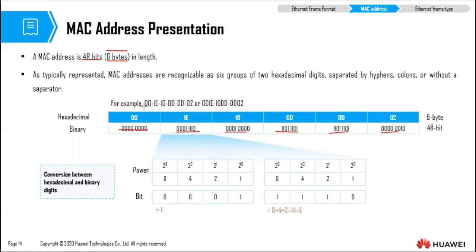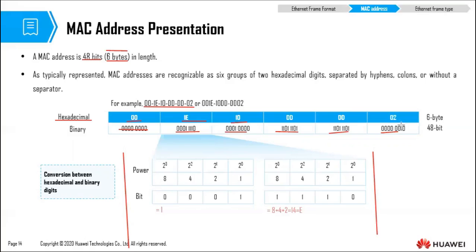So another numbering format is here. This numbering format is called hexadecimal. Most of the time, MAC addresses are written in hexadecimal. So when you have time, you can learn how to convert between hexadecimal and binary and vice versa.